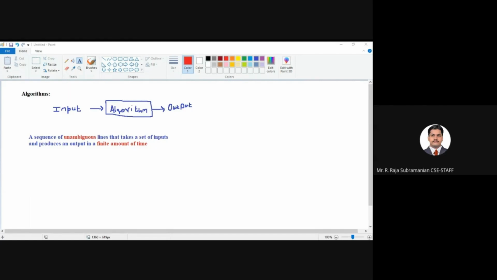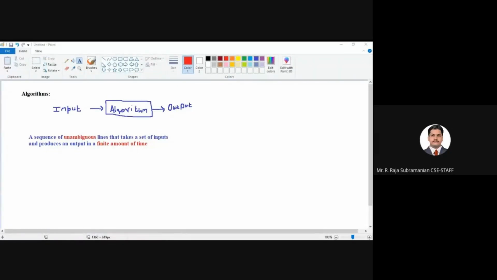If it's like an MCQ, it will be very easy. Input, output, and should be solved in a finite amount of time, right? So if I'm asking about the algorithm: an algorithm will take an input, true or false? True. An algorithm will provide an output. True.